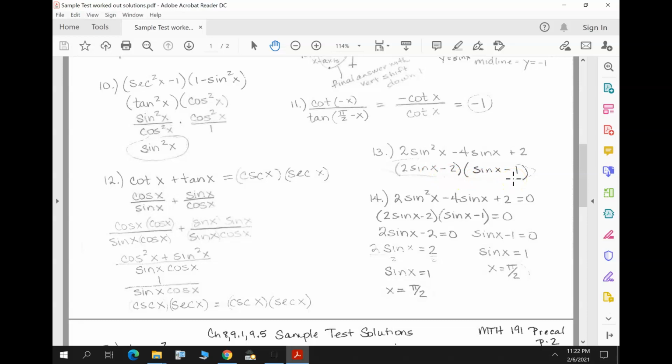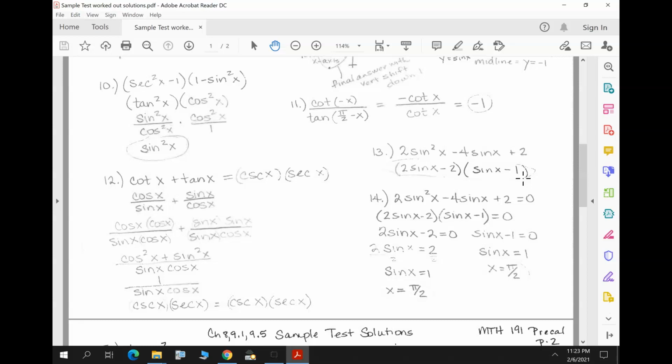So all we have to do then is just put our sine in the place of x. So 2 sine x minus 2 times sine x minus 1. Also remember that you have the SAT/ACT program on your calculator that has a quadratic component that factors for you if you need assistance with factoring.